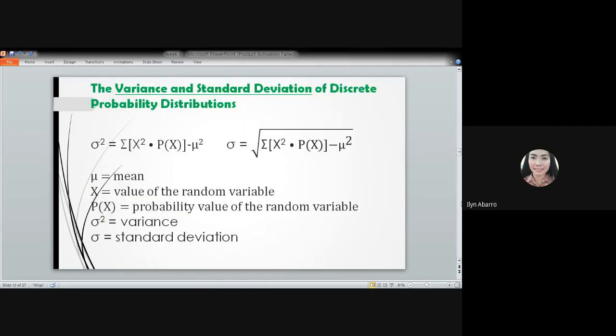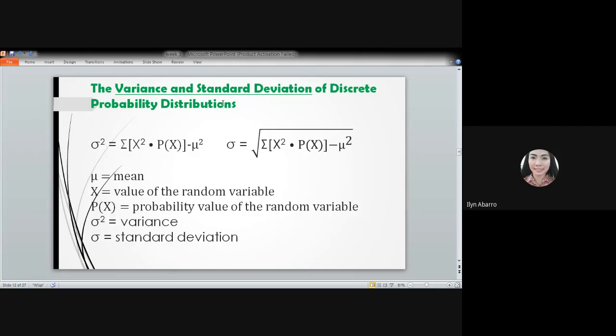Okay, so let us now proceed with the variance and standard deviation of a discrete probability distribution. So, saan ba ginagamit yung variance and standard deviation? Okay, ang usual na ginagamit is standard deviation. So, this score or measure is used to measure the dispersion of the scores.